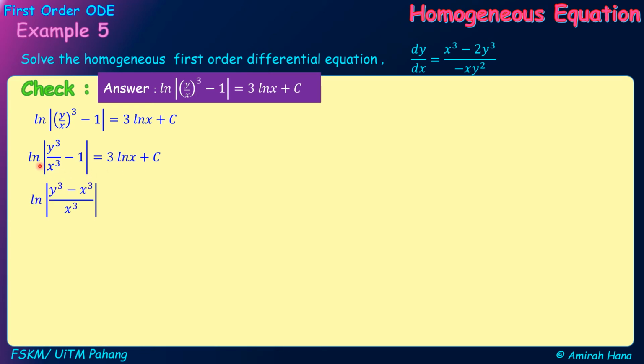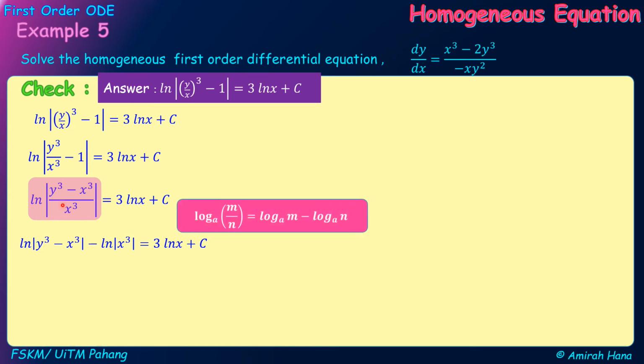Then we can write ln |y cubed minus x cubed| minus ln x cubed equals 3 ln x plus c. How do we get this?